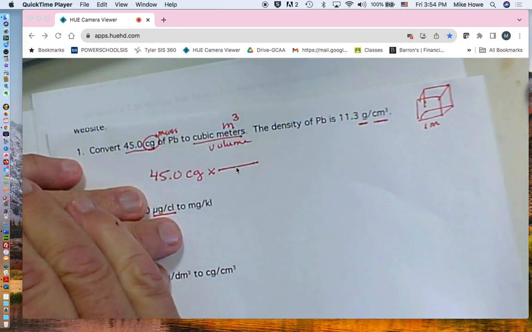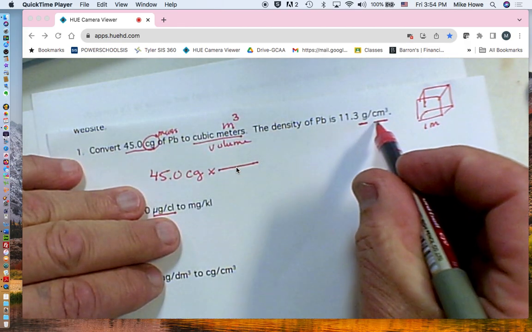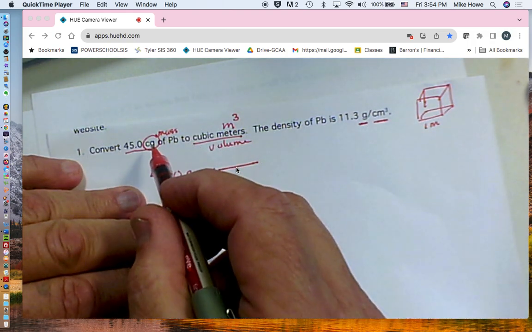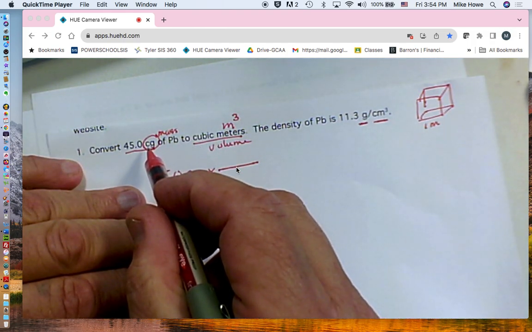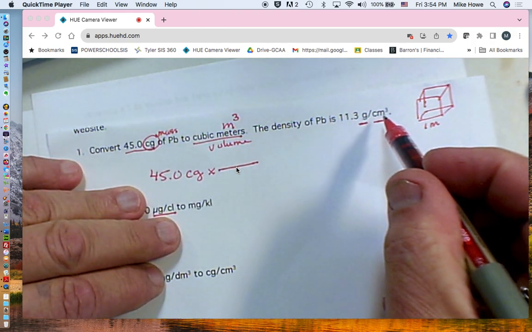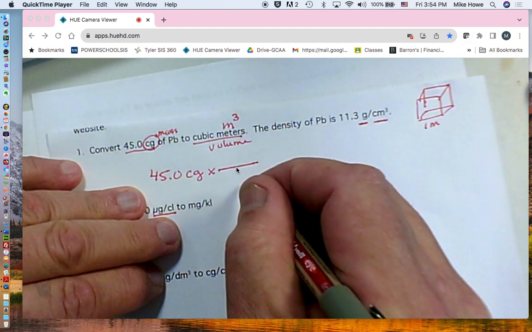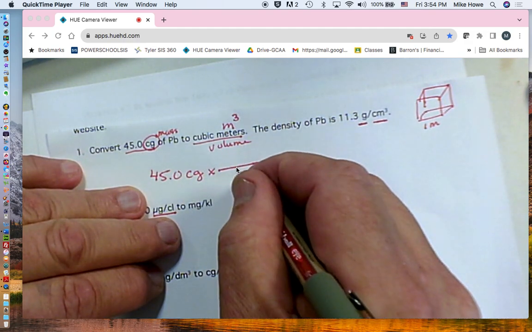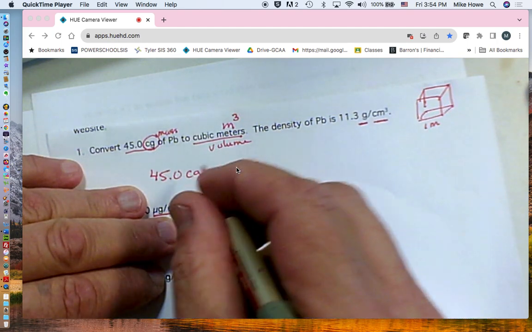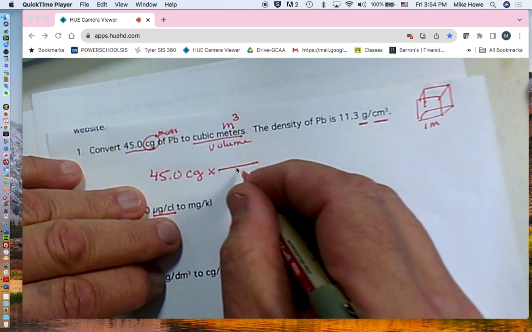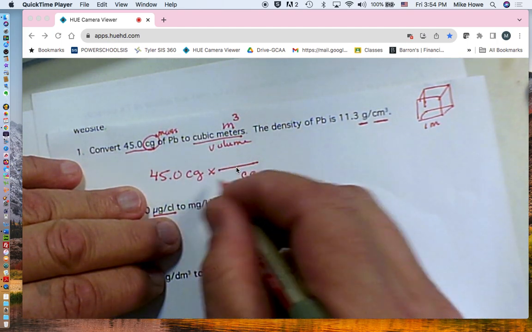All right, since the density is given in grams per cubic centimeter, the implication is that we should change centigrams into grams. So what would need to go on the bottom of this ratio? Since centigrams are here, they need to go on the bottom so that they cancel. They need to be opposite.